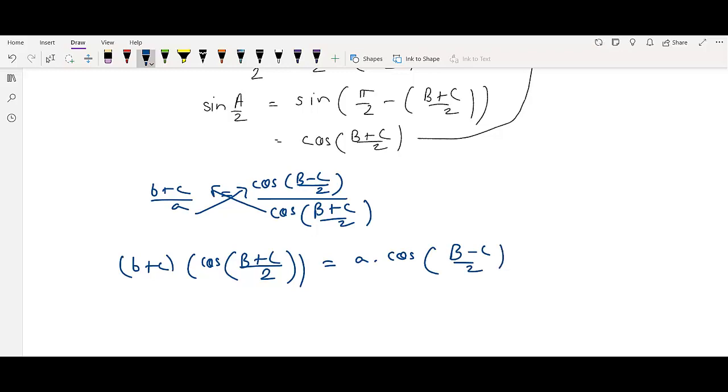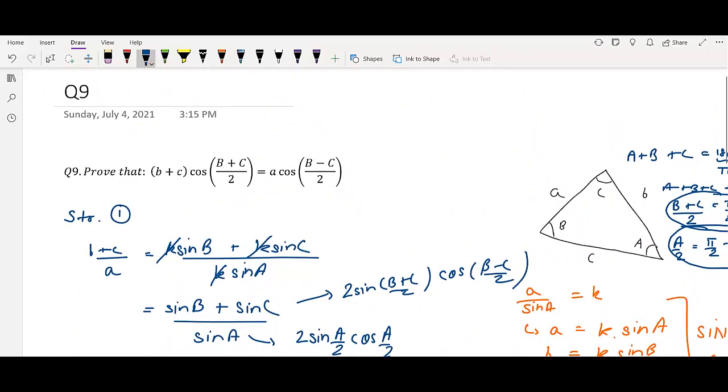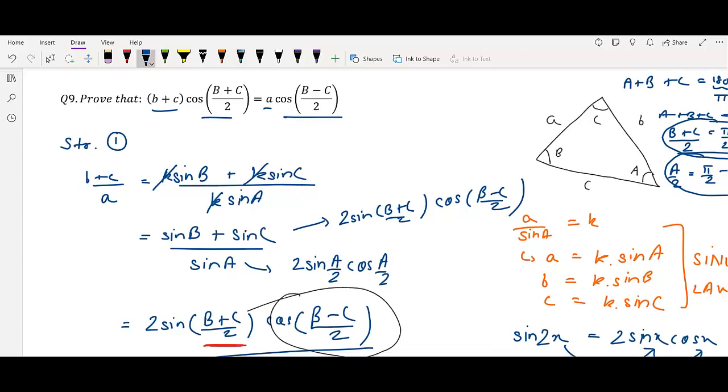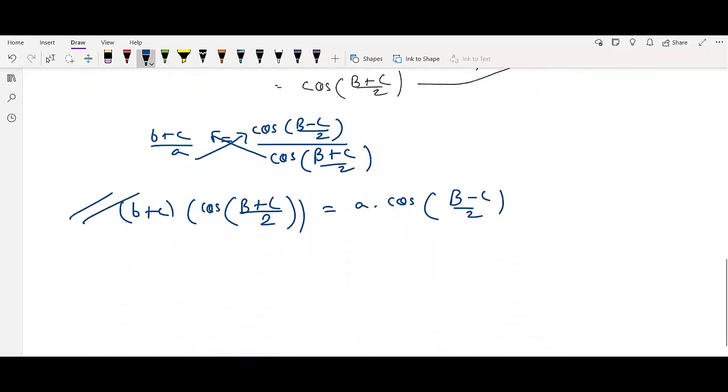And this is exactly what we had to prove, right? Let me check. b plus c is there, cos of (b plus c) by 2 is there, a is there, and (b minus c) by 2 is there. So, question solved.